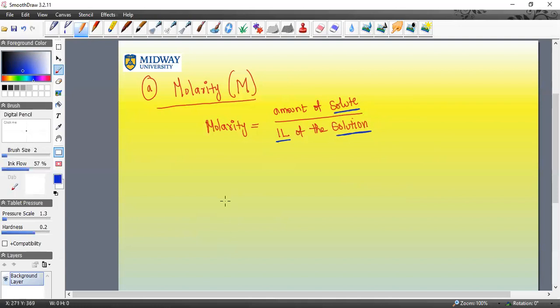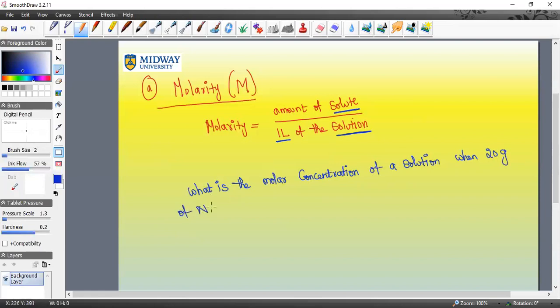Okay, so let's say, what is the molar concentration? I'm going to be very specific with the way I write this question. Again, I may not repeat the same exact style every time I write it. So what is the molar concentration of a solution when 20 grams of sodium chloride, NaCl.